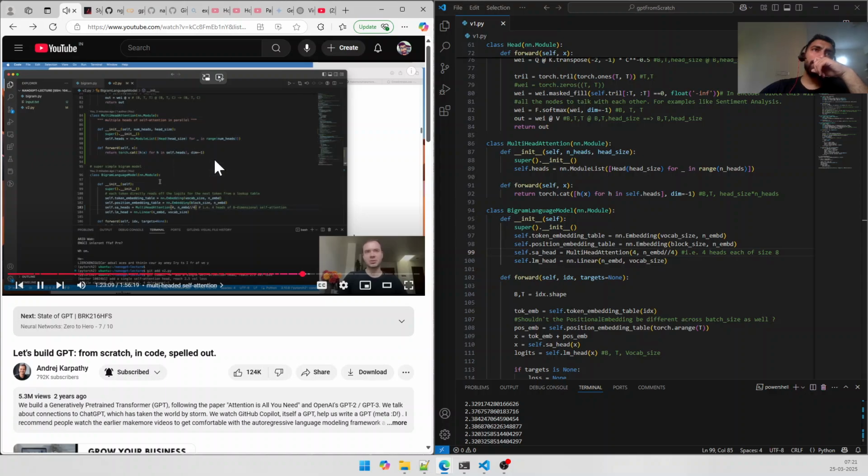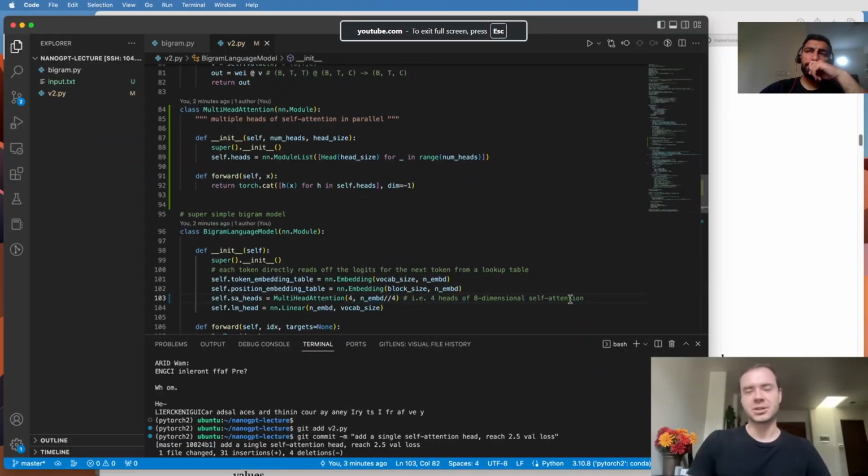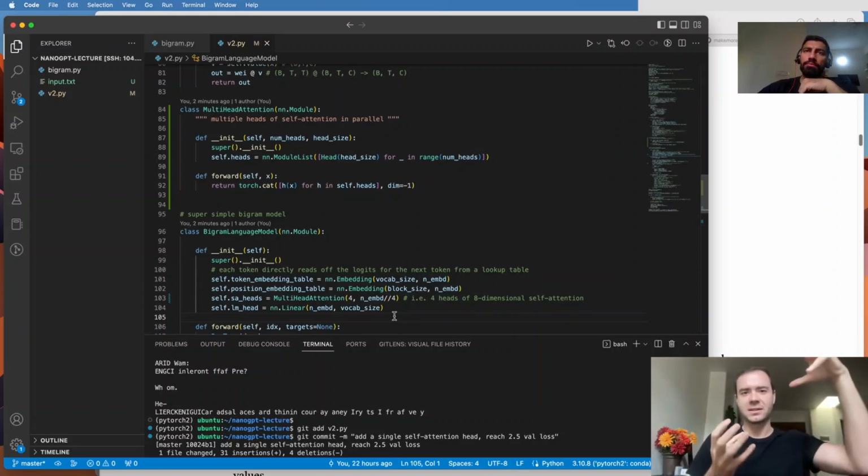And each one of these communication channels typically will be smaller correspondingly. Because we have 4 communication channels, we want 8-dimensional self-attention. From each communication channel we're getting 8-dimensional vectors, and then we have 4 of them, and that concatenates to give us 32.